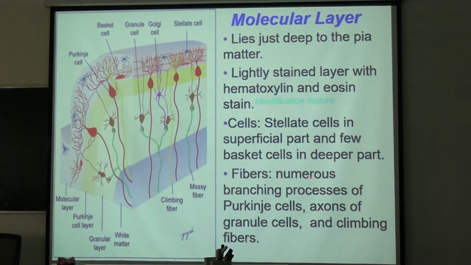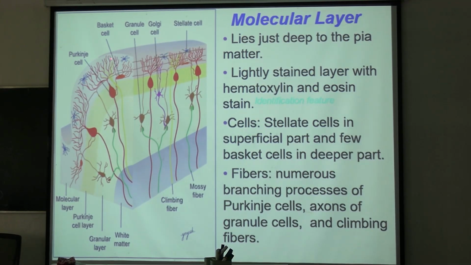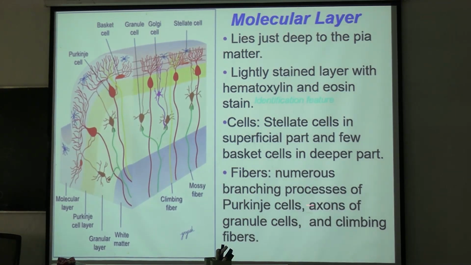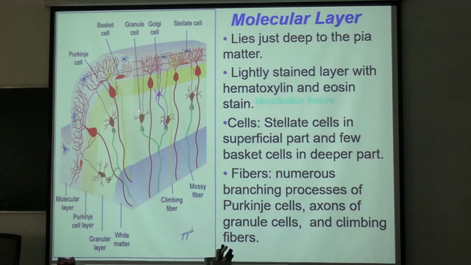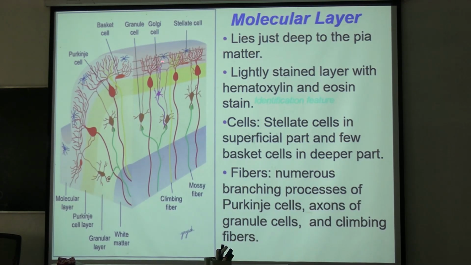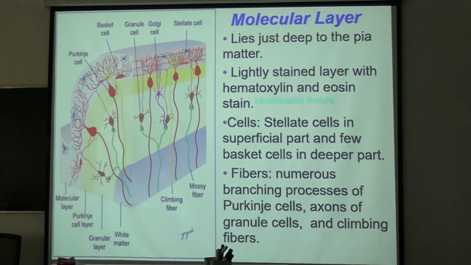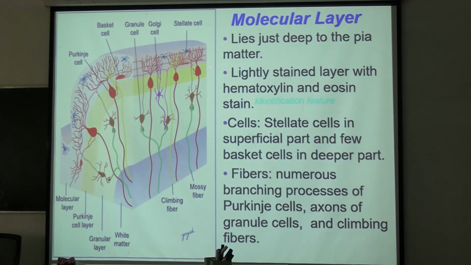And the fibers are the numerous dendritic processes of the Purkinje cells forming the tree-like branching. Axons of the granule cells enter this molecular layer and bifurcate, with T-like branching, forming parallel fibers in the molecular layer.